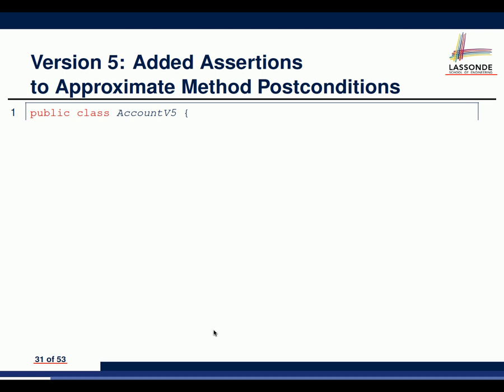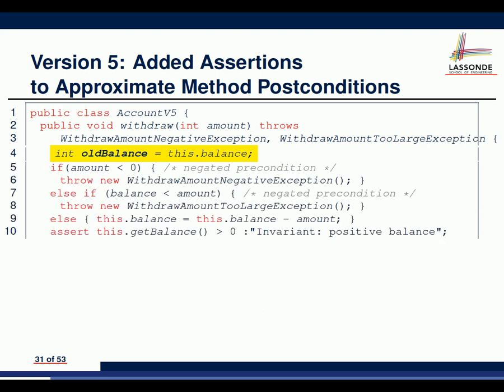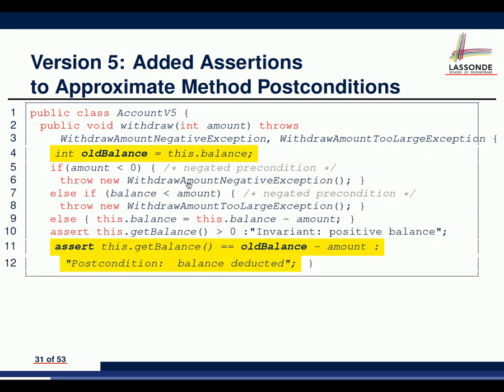Okay, let's see. That's why you see something like this. I'm saying oBalance is equal to this.balance before I try to execute the body of the withdrawal, and do whatever is necessary. And then after that, when I say this.balance again, that refers to the new balance. That's why you can see this.balance, which is new, and oBalance is old, right? I'm comparing the two.